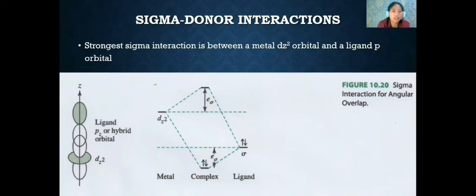The strongest sigma interaction is between the metal dz² orbital and a ligand p orbital. So dz² has more energy than the sigma orbital of our ligands. You have the complex, the e sigma, and then the e sigma higher.